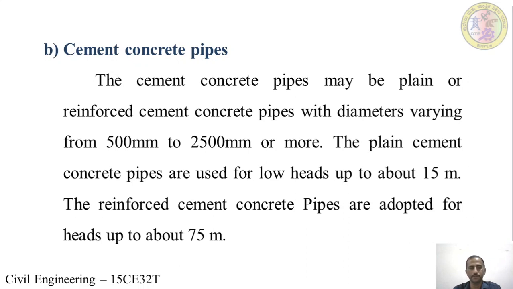This pitch is 150 mm for the pipes of diameter 200 to 350 mm. This pitch is further reduced to 100 mm for the concrete pipes of diameter more than 400 mm.